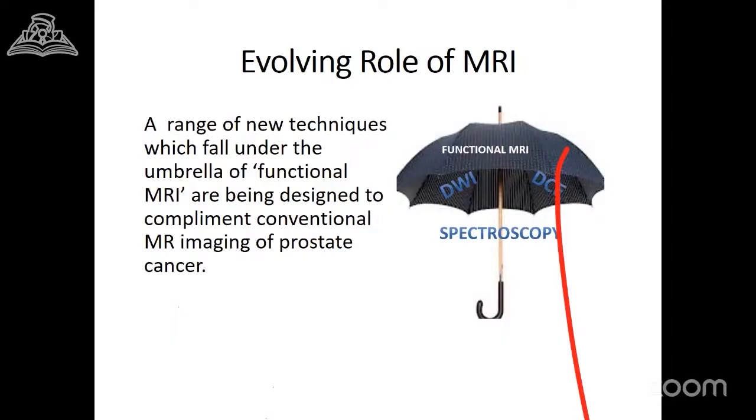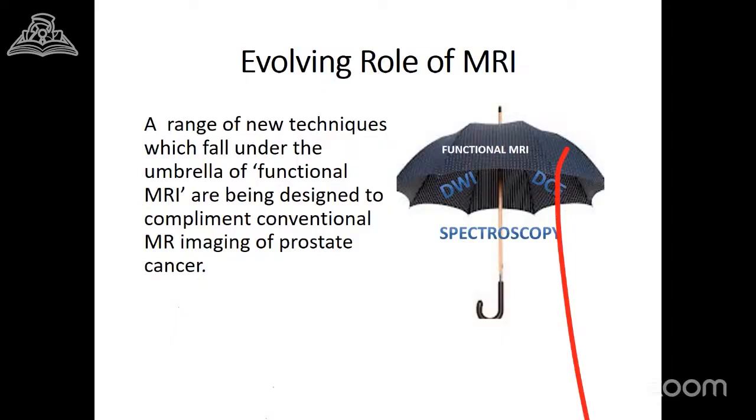The role of MRI in prostate cancer is continuously evolving with the development of functional imaging techniques. These techniques are grouped under the umbrella of functional MRI. They are designed to complement conventional anatomical imaging.